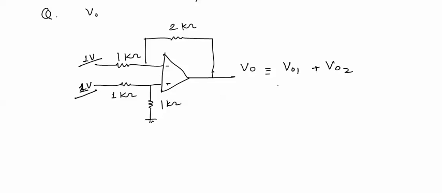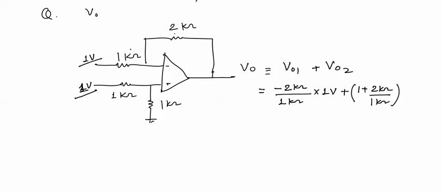So V01 will be the output of inverting amplifier, which will be equal to minus 2 kilo ohm, which is RF, divided by 1 kilo ohm, which is R1, into 1 volt, which is the applied input, plus V02, which is the output of non-inverting amplifier. For this non-inverting amplifier, gain is equal to 1 plus 2 kilo ohm divided by 1 kilo ohm.